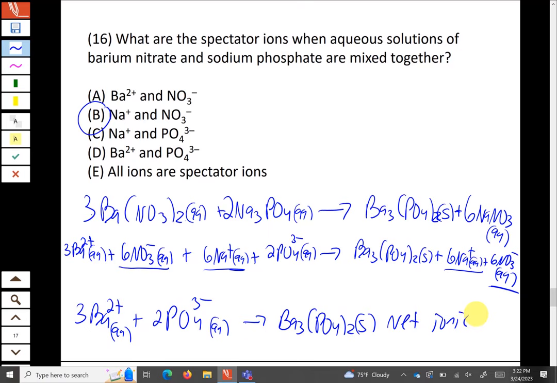I'm just showing it to you for completeness. To identify spectator ions, you just look for the ones that are aqueous on both sides. So nitrate is aqueous here, aqueous there. Sodium, aqueous there, aqueous there. So both sodium and nitrate are dissolved in solution on both sides, and that makes them the spectator ions for this reaction. All right, any questions on that?